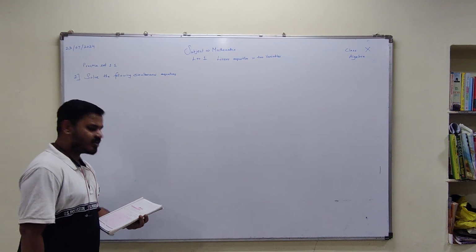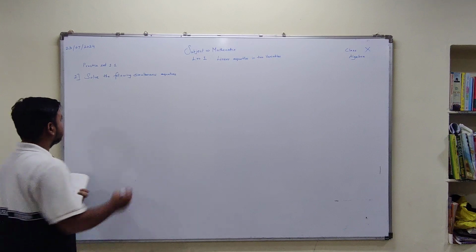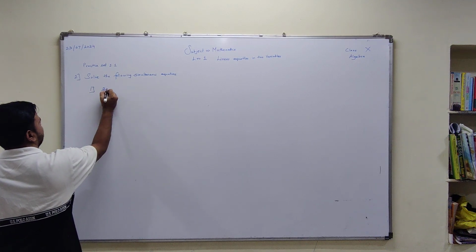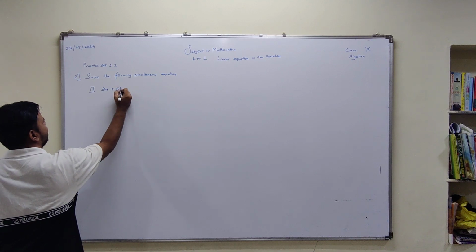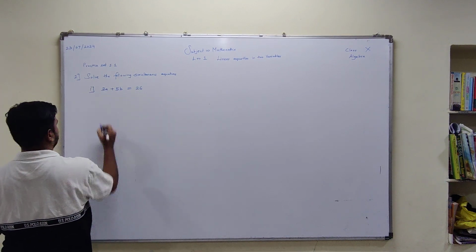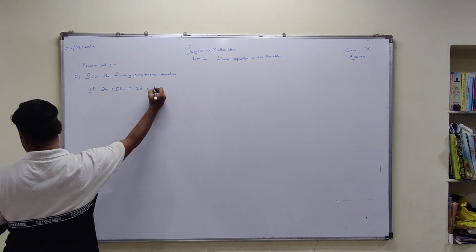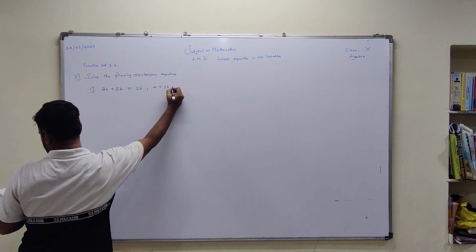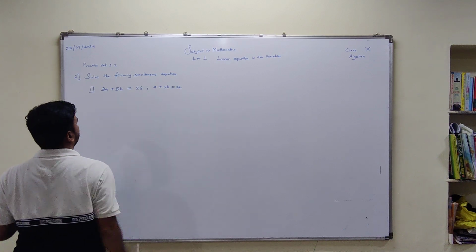So let's start with the first example, that is 3a plus 5b is equal to 26, and a plus 5b is equal to 22.